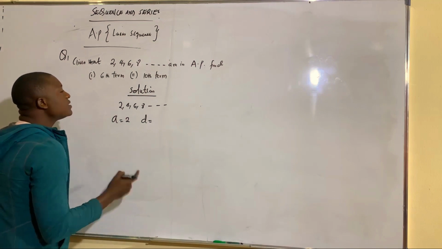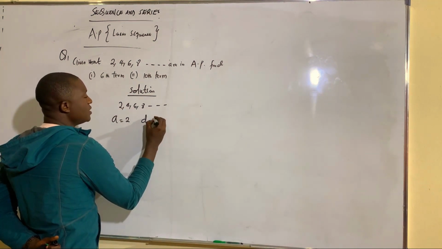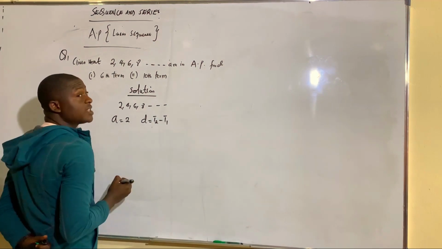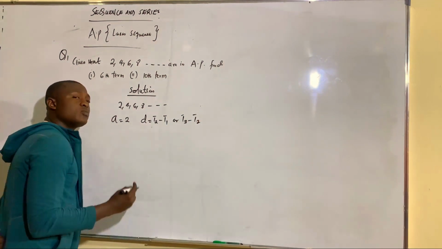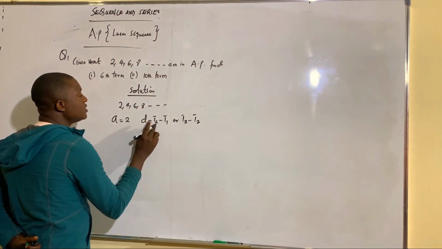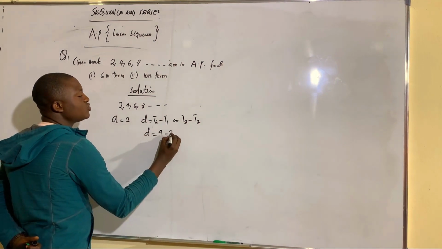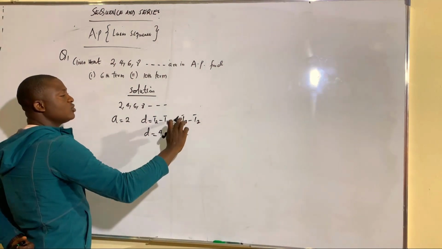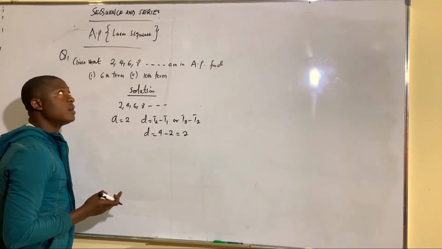So D is the second term, 4, minus the first term, 2. So 4 minus 2 gives us 2. And if you apply it to the third term minus the second term, 6 minus 4, we still get 2.